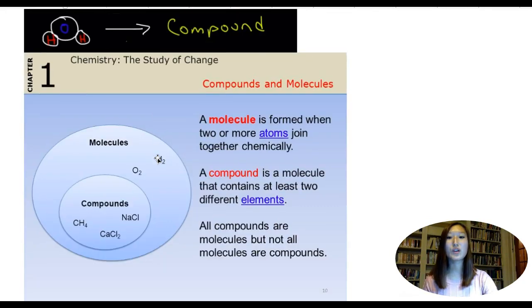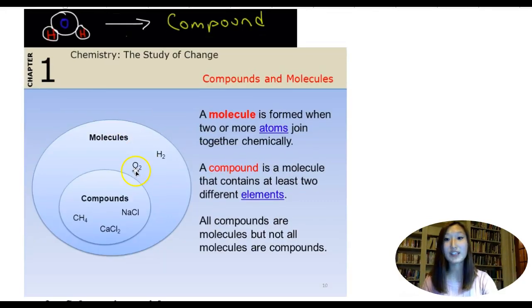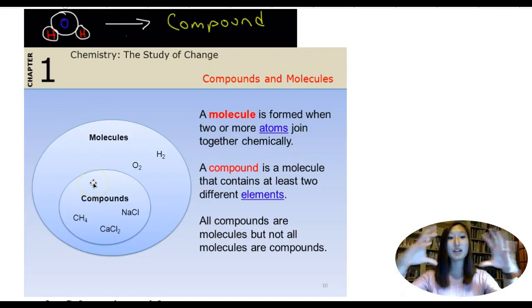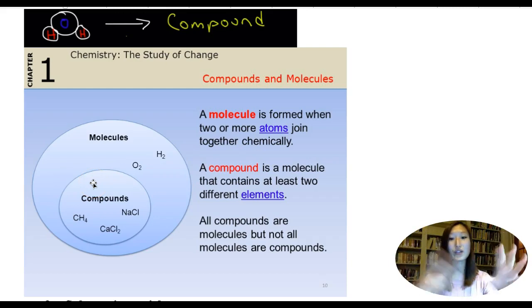If we were to put it into circles and categorize it, you would always have a bigger circle for molecules. There are more molecules than compounds existing. All of these over here are molecules because they all have more than one atom. What makes these compounds and molecules at the same time is that they have not just more than one atom, but also more than one element.